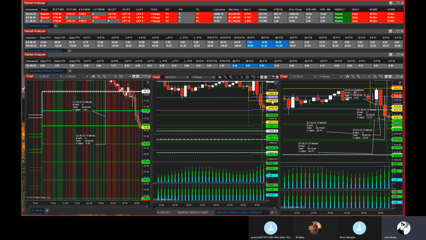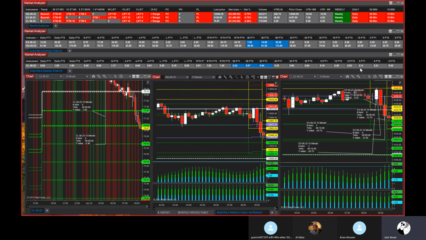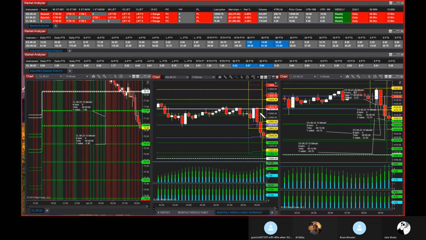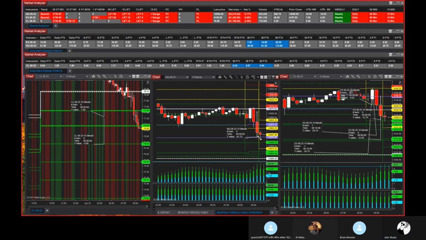So the NQ, again, the 15-minute range, 62, which is right here. We hit it. Target reached. And we just stayed real tiny after that full range.